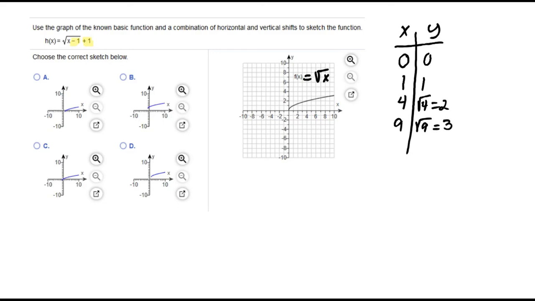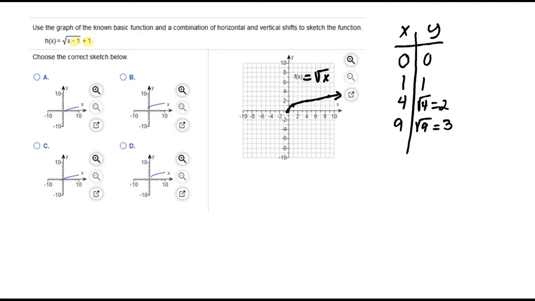So you can see on our picture here, 0, 0 is that first ordered pair, 1, 1, 4, 2, and 9, 3. And so once we get those points, we connect those points with a curve to see the pattern, and you get that picture.